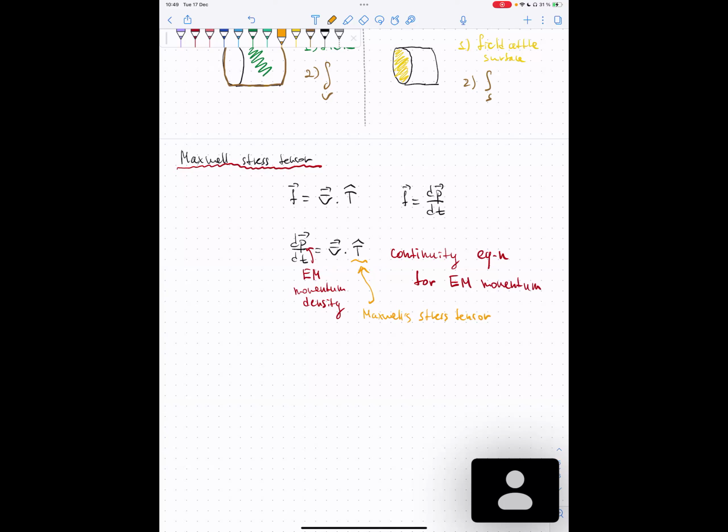and the physical meaning of this is the electromagnetic momentum flux density.